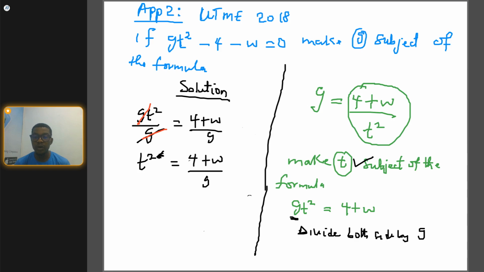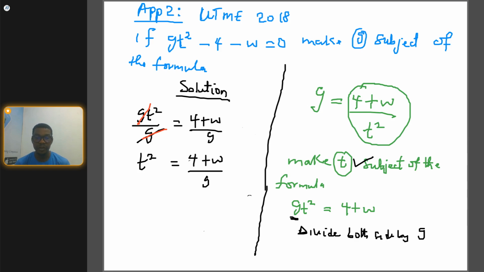We square root both sides. I said it earlier that you cancel a square by a square root. You cancel a square by a what? A square root. Okay? Thanks for your response, Jane and Emmanuel.